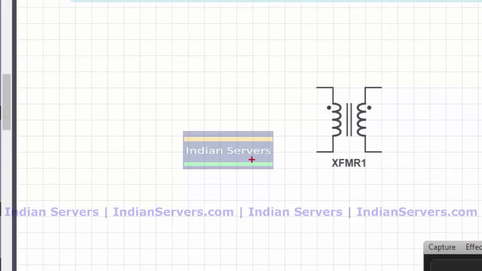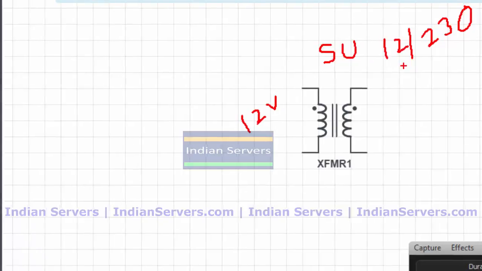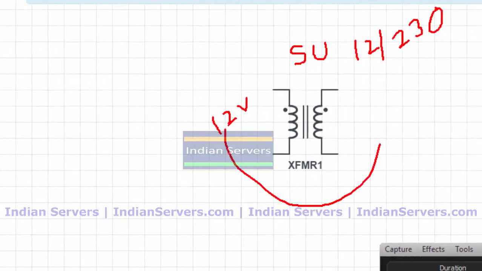Assume that this is a step up transformer. Here I will give 12 volts. This is a step up transformer of 12 by 230. The rating of the transformer is denoted like this. 12 by 230 means these 12 volts can be converted into 230 volts by keeping the power constant.